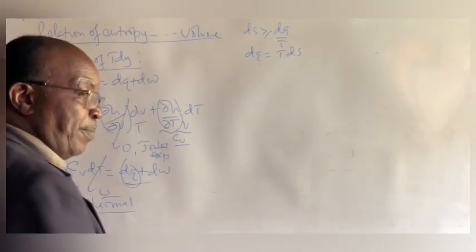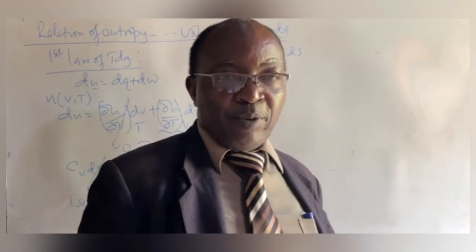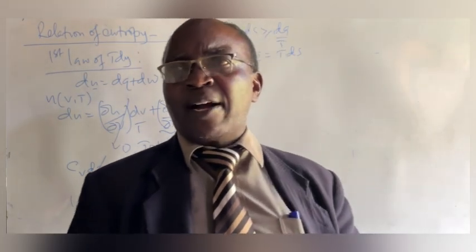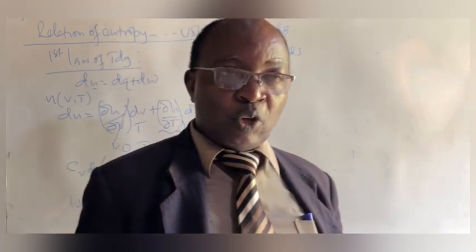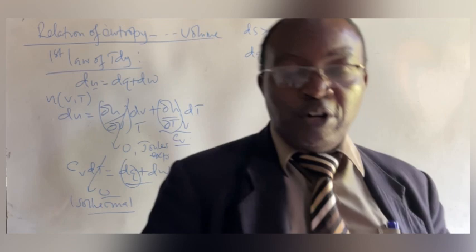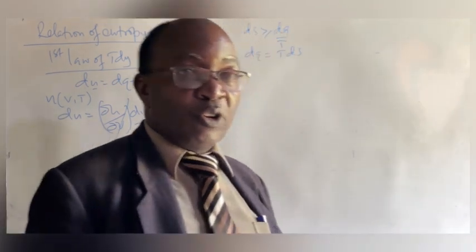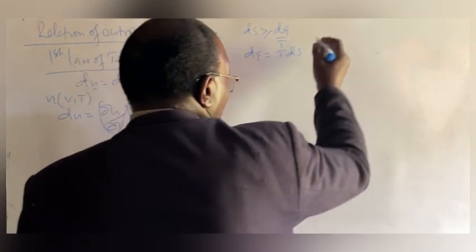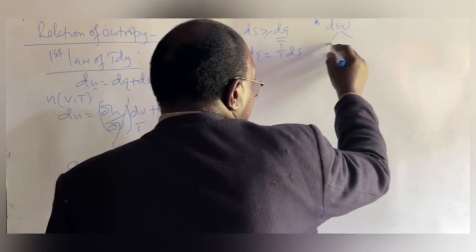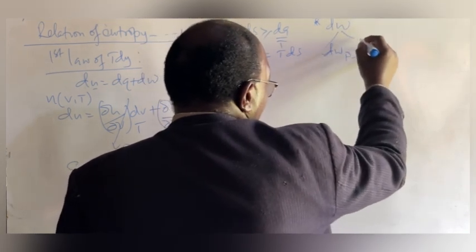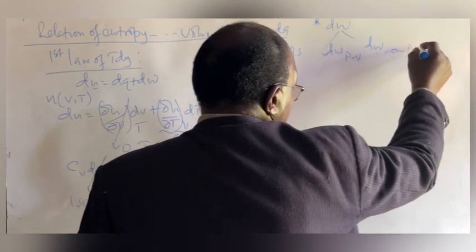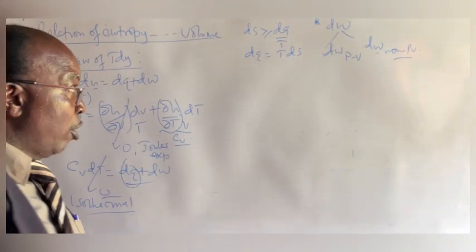And we know for PV work, we are only talking of PV work, no other work. Remember, there is electrical work, all manner of work. So when we talk of PV work, we are just talking of pressure volume work. But always remember that this dW can be PV work, or it can be non-PV work.